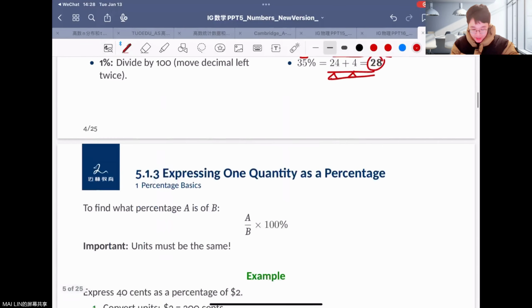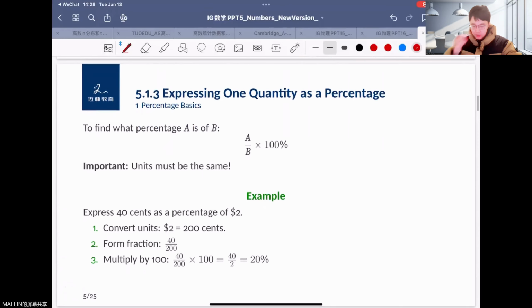Here are some expressions about one quantity as a percentage. To find what percentage A is of B, set A over B times 100%. Here's an example: express 40 cents as a percentage of $2. We know a dollar equals 100 cents, so we switch the unit: $2 becomes 200 cents.